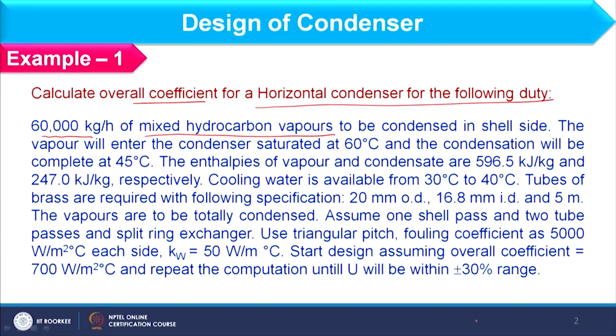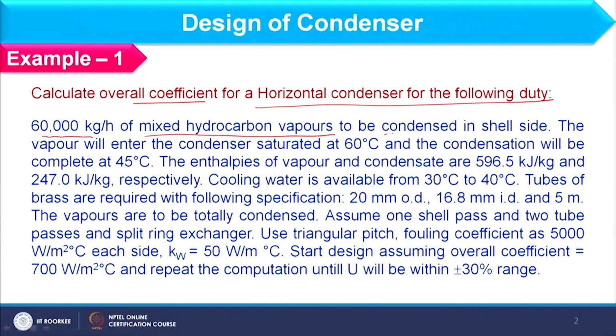Okay. So, this is not a pure component. Here we are going to design the condenser having a mixed hydrocarbon feed, which is condensed in the shell side. So, you see orientation as well as condensation side is already given. We have shell side condensation with a horizontal condenser.